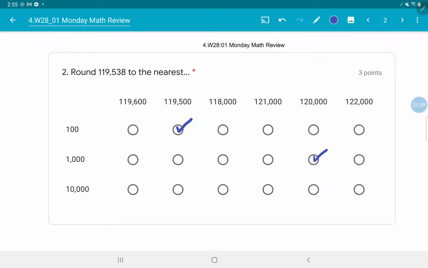Now I need to round to the nearest 10,000. I have 11 10,000s. I'm going to look at that 9. Is that 9 closer to 119,000 or 120,000, Zyla?